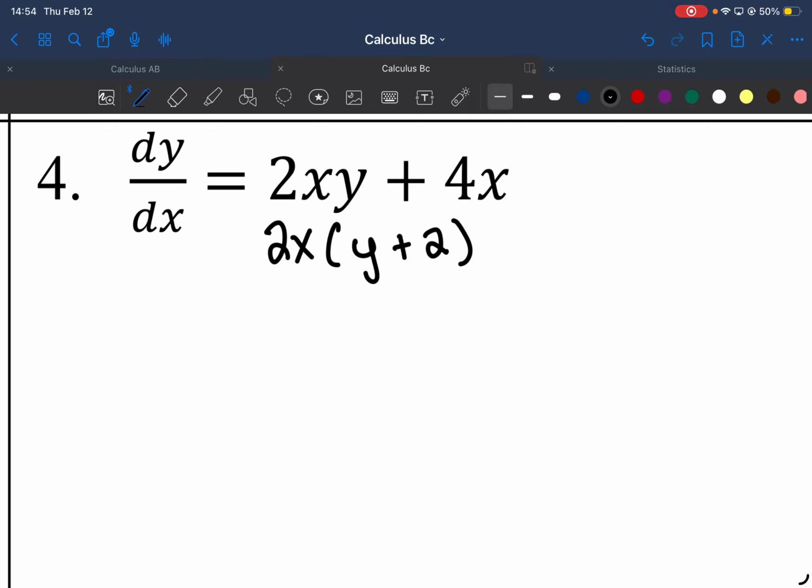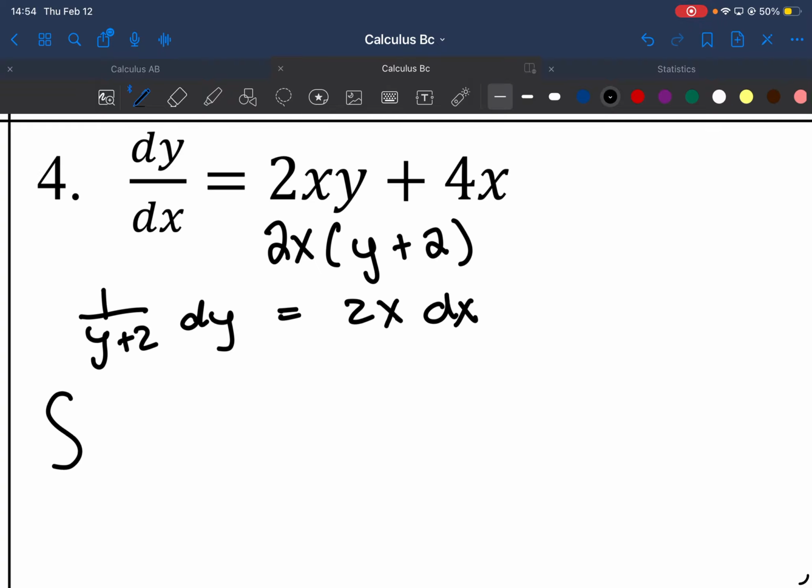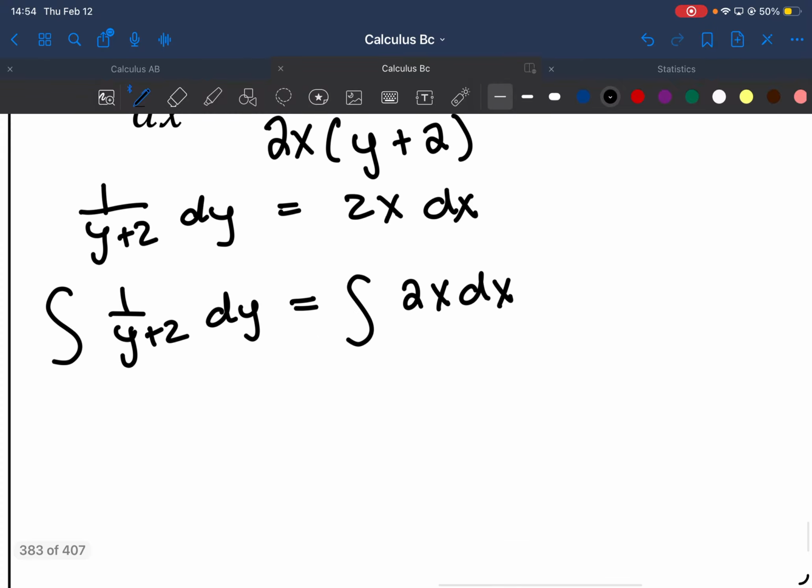Okay. So then I still am trying to get my variables on the correct side, so I would multiply both sides by dx and divide both sides by y plus 2. So I have 1 over y plus 2 dy is equal to 2x dx. Then I would integrate both sides. And when I integrate the first one, I could use u substitution and set u equal to y plus 2.